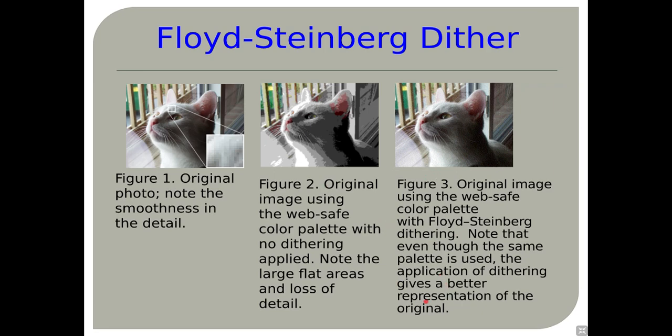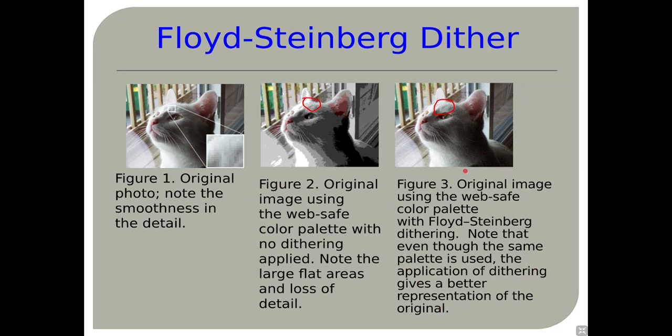Okay, the same palette is used. The application of dithering gives a better representation of the original. So we can see the difference between here and here, where we applied dithering. Of course the original picture is better, and then you just want to edit your picture.